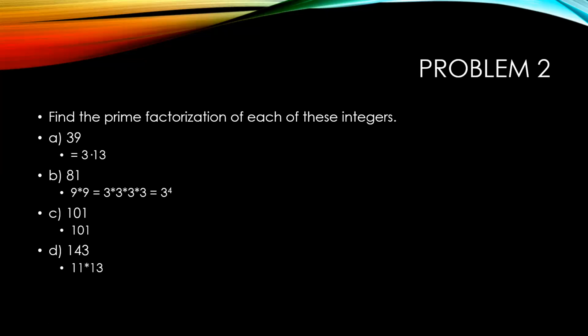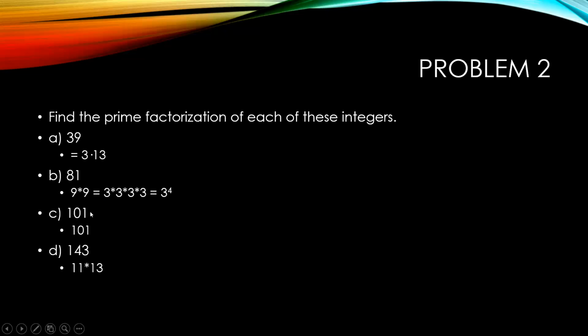So how are we going to get 9? We're going to multiply 3 by 3. So that's why I have 3, 3 here. Same as with the 9 here, 3, 3. So as you can see here, all are prime numbers. So therefore, this is already the prime factorization. So we could rewrite it as 3 raised to 4.